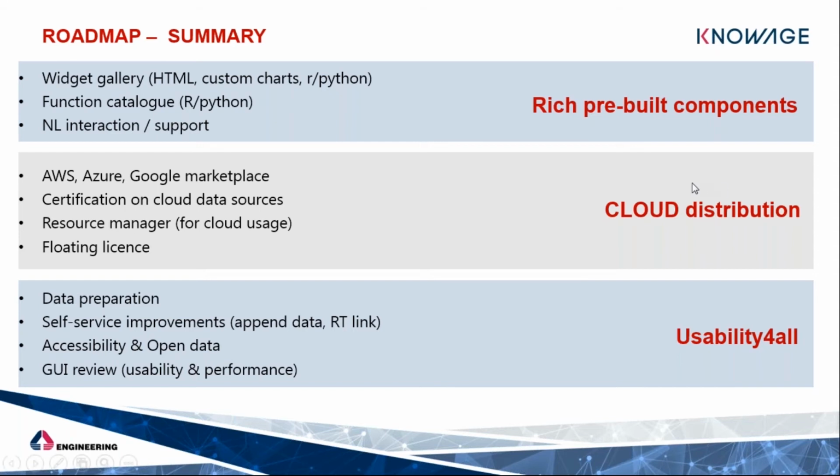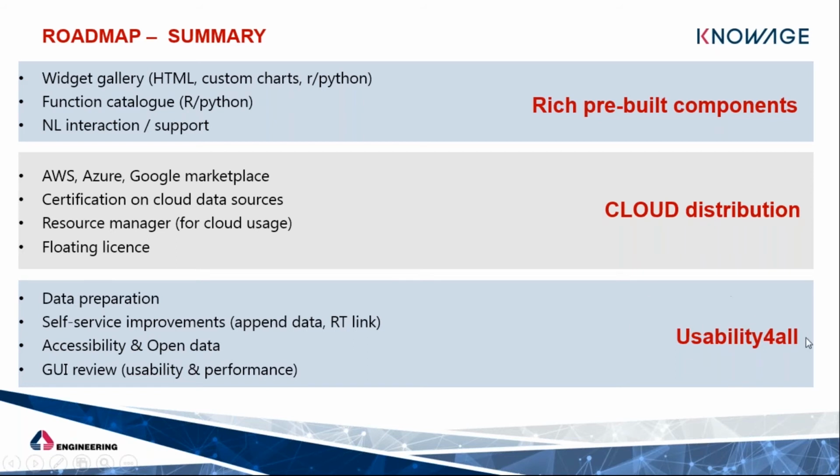The second pillar is for the usage of Knowage in a cloud environment. And here we mean not only the presence of Knowage in the different marketplaces, but also we will provide new features that make the administrative tasks easier in a cloud environment.